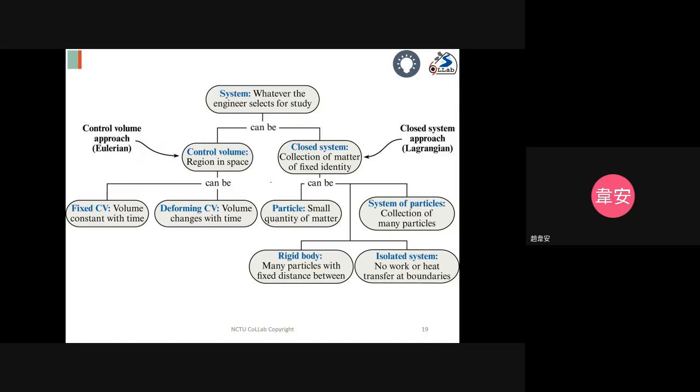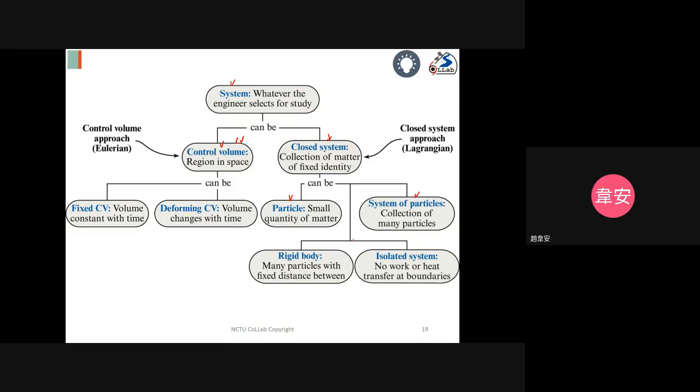And the table summarizes the system analysis tools. If you have a system, you can divide it into two concepts: first, the control volume, CV, or you can use the closed system. Usually for the closed system you can pick up one particle or collect the particle group.